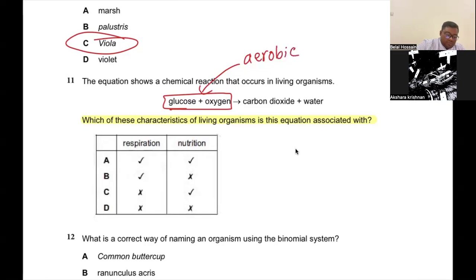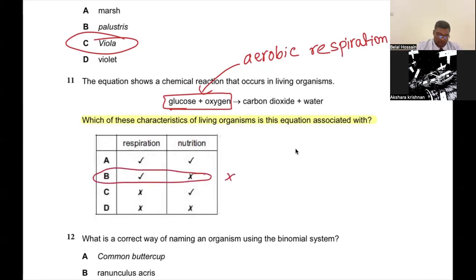Burning a food, it doesn't matter if you use it with oxygen or without oxygen, burning any nutrient molecule like glucose or amino acid to yield energy, that is respiration. So which characteristic of living organisms is the equation associated with? Isn't it B, respiration? Correct. Very good. But not nutrition. Nutrition would be eating food, right?